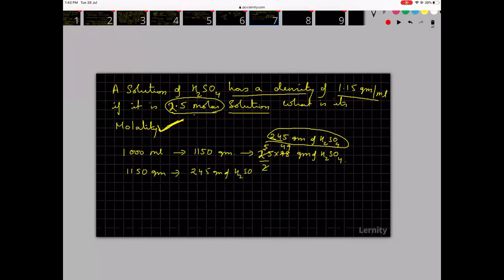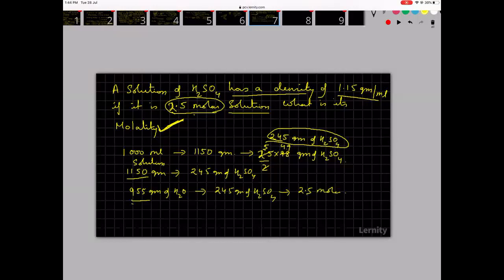Yeah, this is grams of solution, but I need it for 1000 grams of the solvent, right? So 1150 minus 245 is equal to 955 grams of H2O. I have 245 grams of H2SO4. This 245 grams of H2SO4 is 2.5 moles.